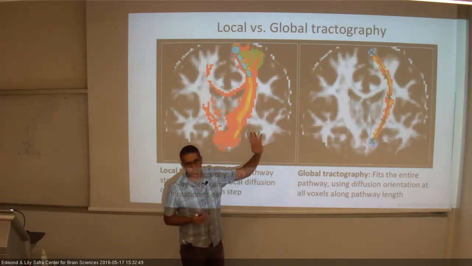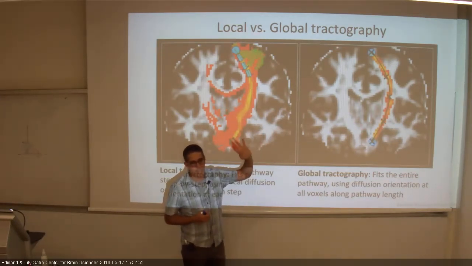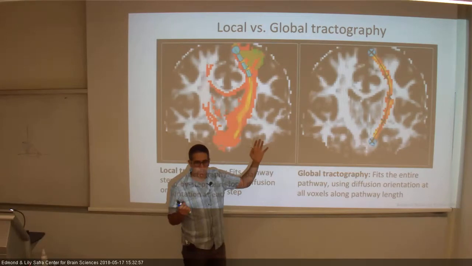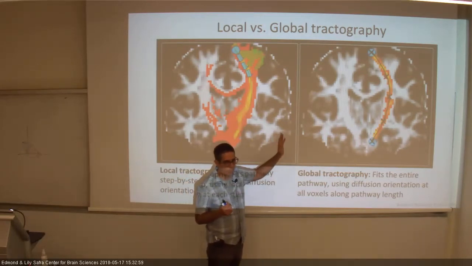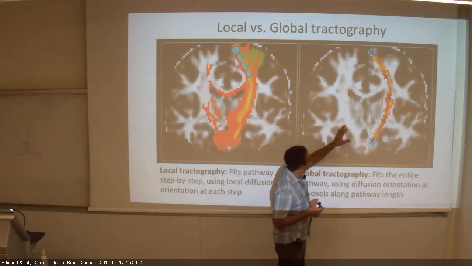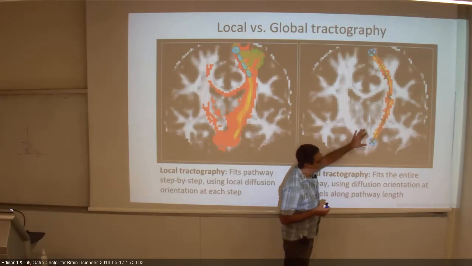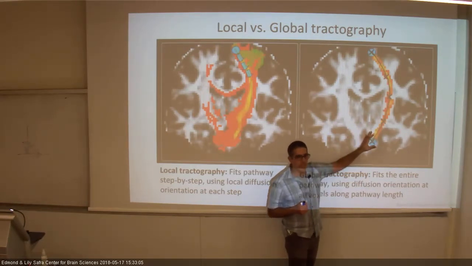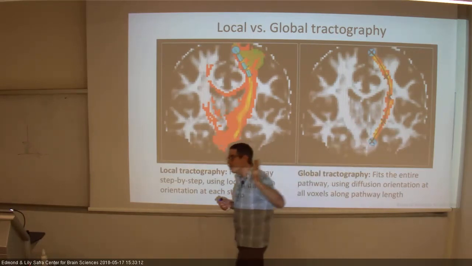In terms of fitting the problem, it's painful, and it's really hard to find where you start and how you get to a global solution, so there are many problems in fitting here. It's terrible. But at least it's using the whole information in order to identify pathways. So that's a good direction.